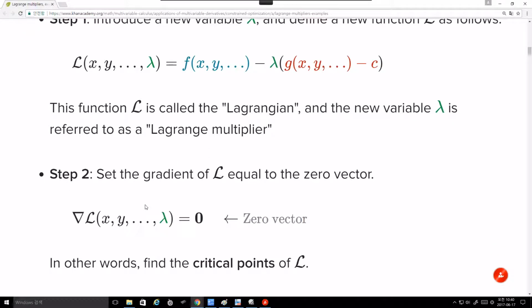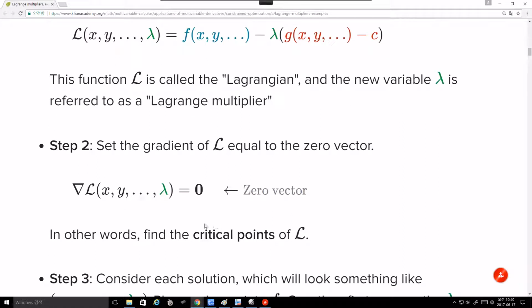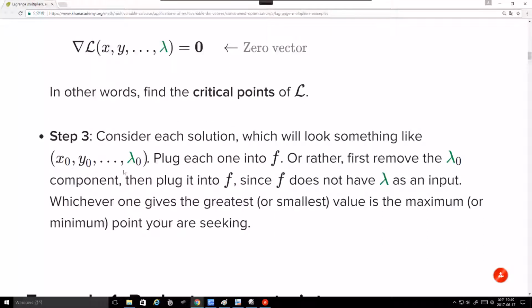Step 2: set the gradient of L equal to the 0 vector, so that del L equals the 0 vector. This is the second step, the first order condition. In other words, we want to find the critical points of this Lagrangian and consider each solution, which will look something like this.